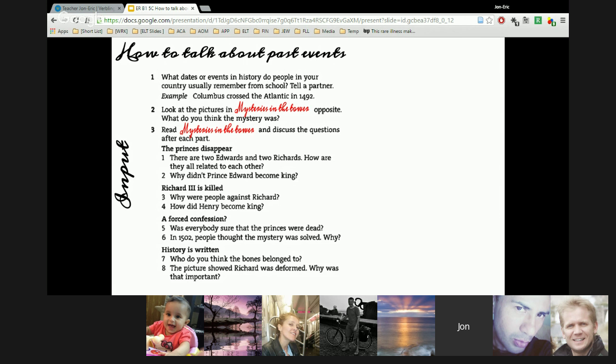You do know, because Frederic said that people with deformities were seen as evil. Deformities themselves were seen as a sign of evil. So maybe Richard wasn't guilty after all. Maybe he was a scapegoat. If he was deformed and everyone thought he was evil, might that have been an excuse to kill him? What do you think?